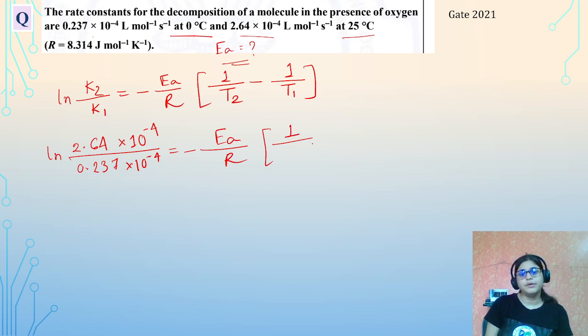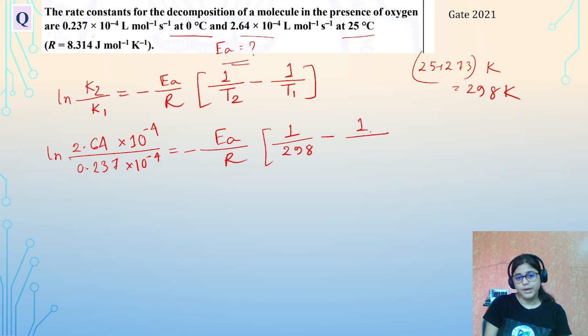1 by T2 will be 25 degrees Celsius, means 25 plus 273 because it is in Kelvin. Okay, 298 Kelvin, minus 1 by T1, 0 degrees Celsius, 273. Fine.